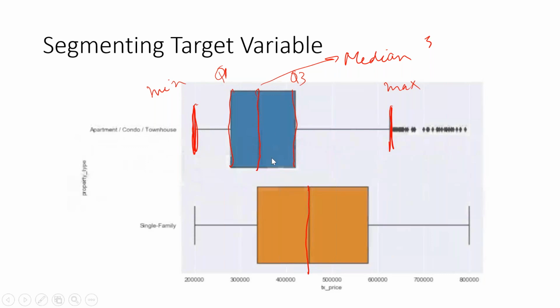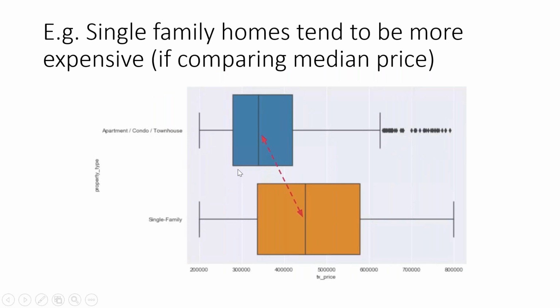By looking at the medians and comparing between the property types, I know that single family homes, independent homes in our terminology, tend to be more expensive than apartment type properties. The medians are there. That is one way to understand. Yes, it's common sense.